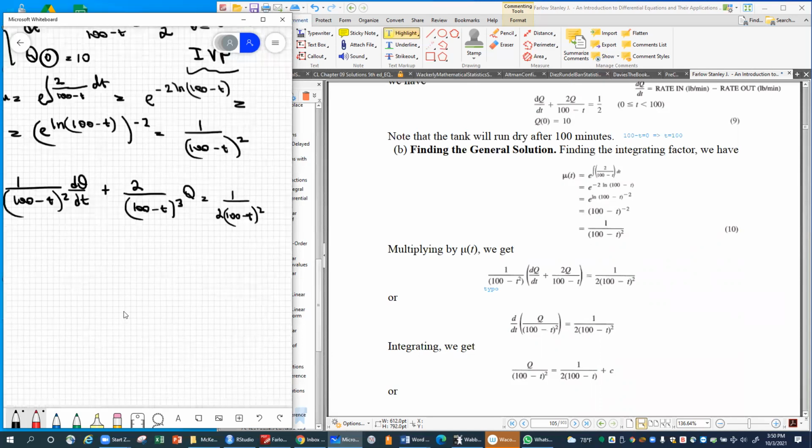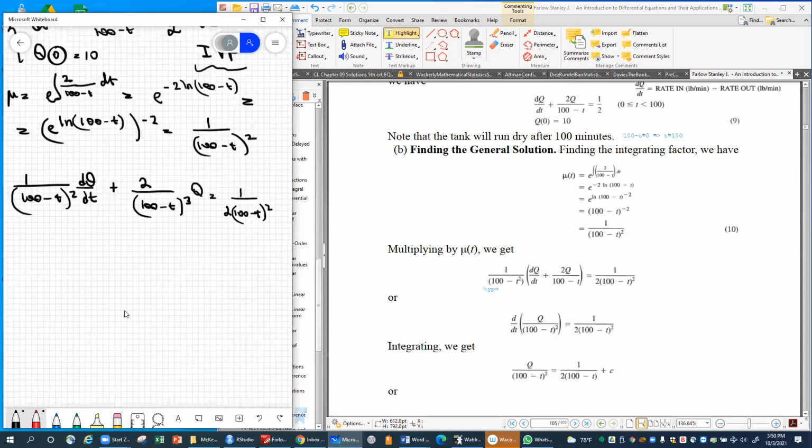The left side is supposed to be the full derivative of this expression. The right-hand side is whatever we found before. Any questions?